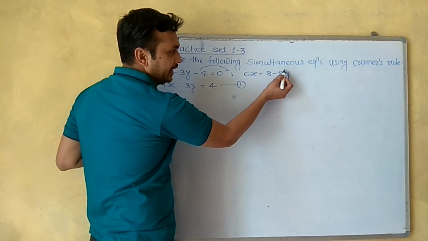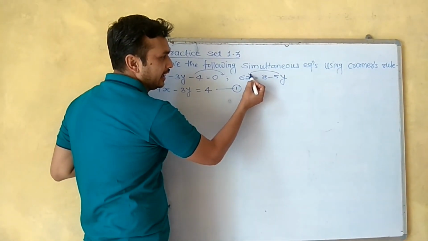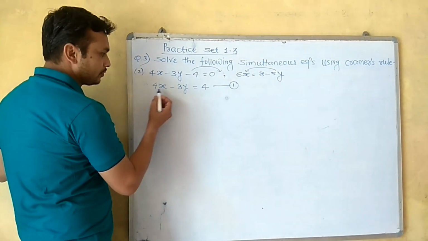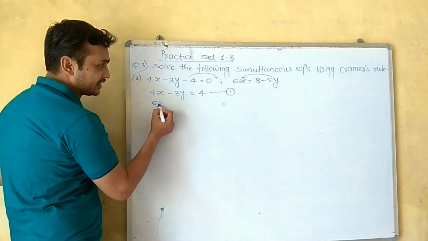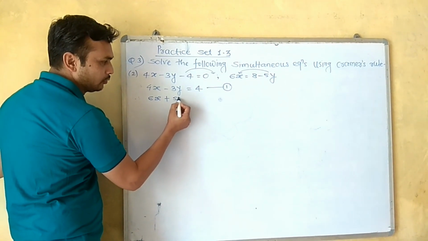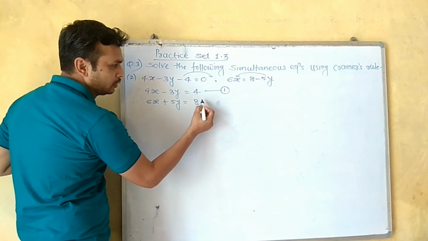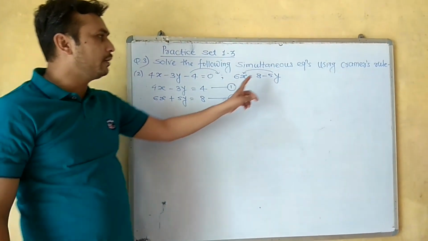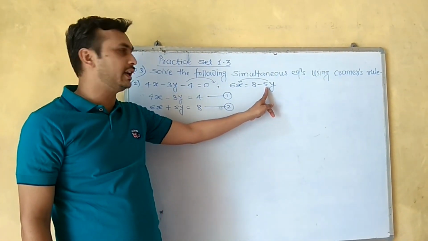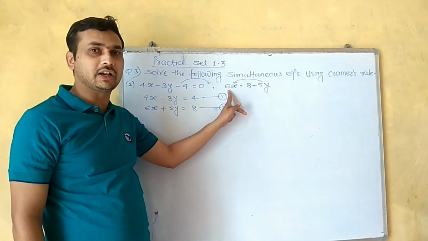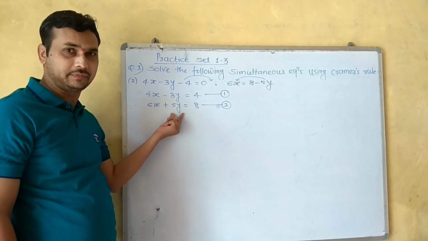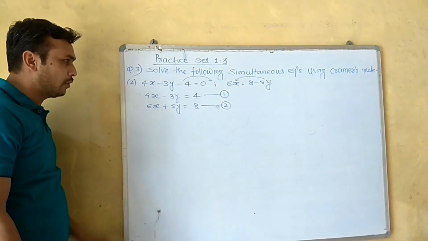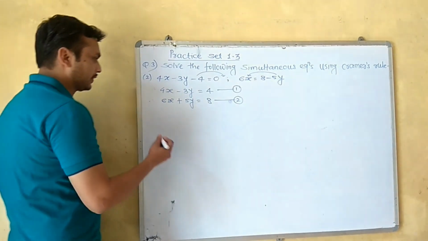And bringing minus 5y to the left hand side, it becomes plus 5y, so 6x plus 5y equals 8, and this is our equation number 2. Now we have to solve these two equations.